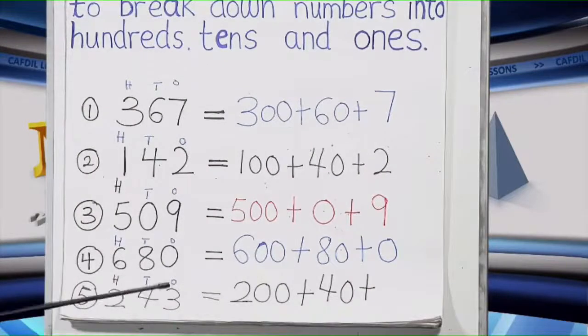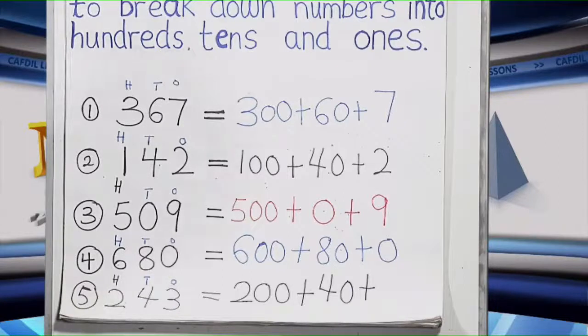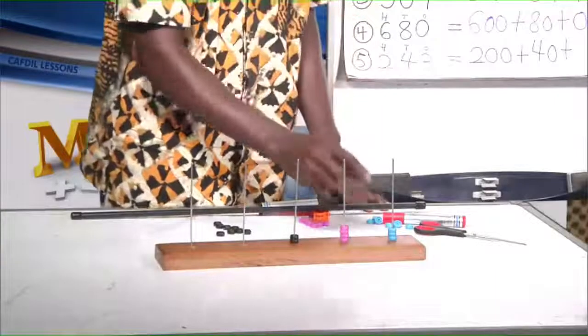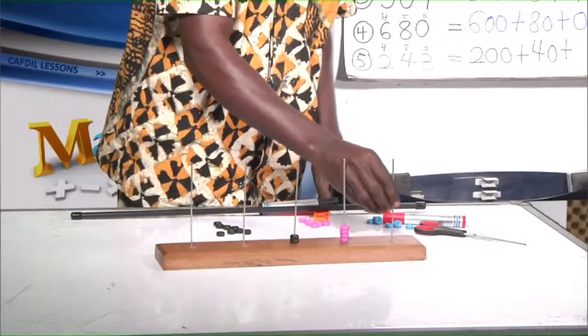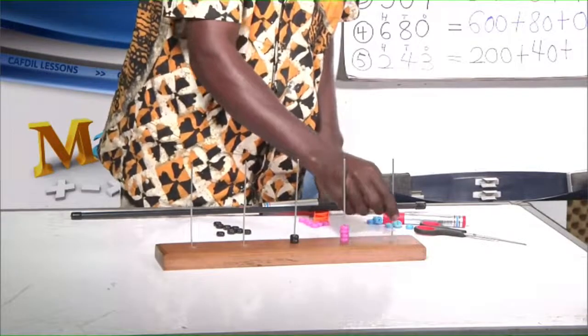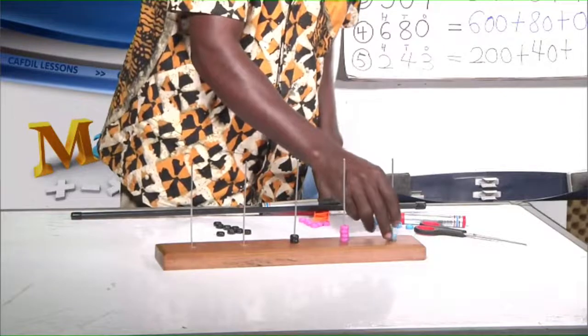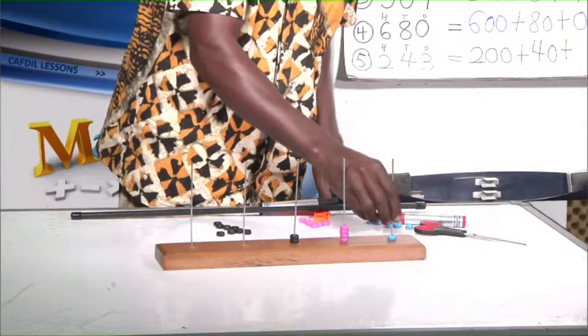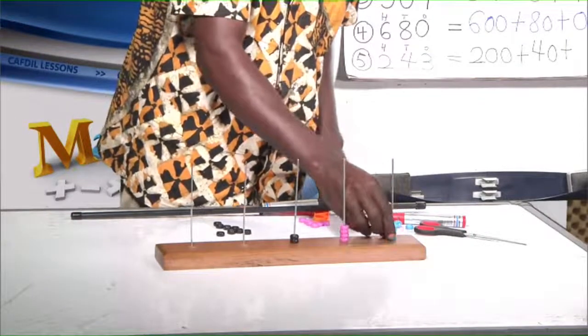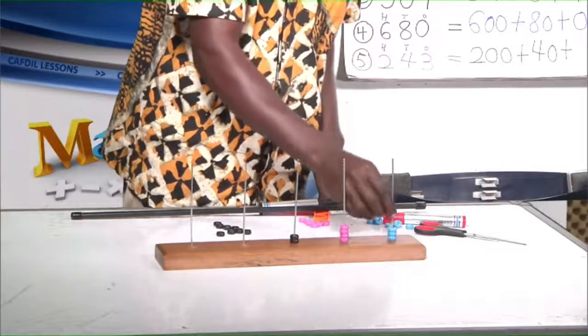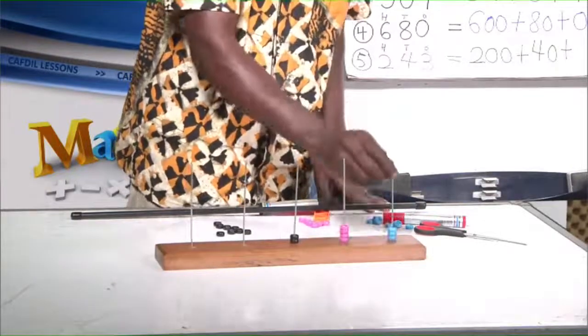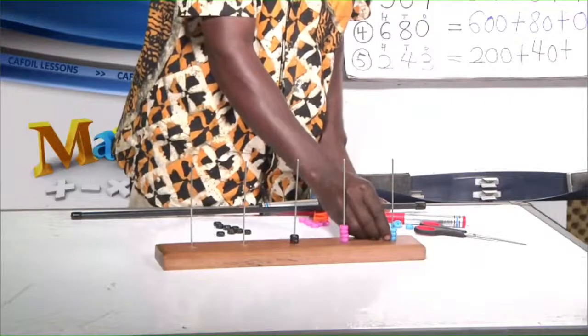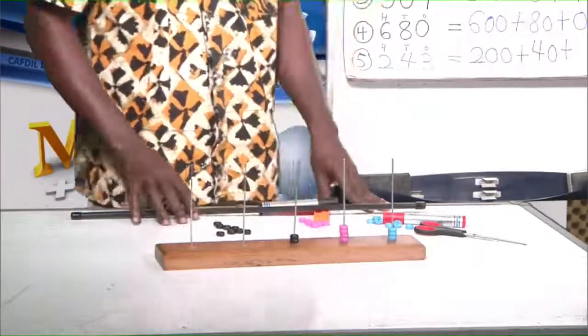And then let's come to the ones column. The ones column shows 1. So whatever we count here shows 1. We have 1, 2, 3. So we have 3 beads under the ones column. So we have 3 ones. And that gives us 3.